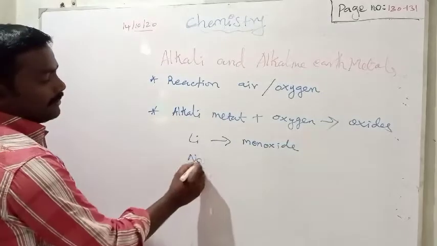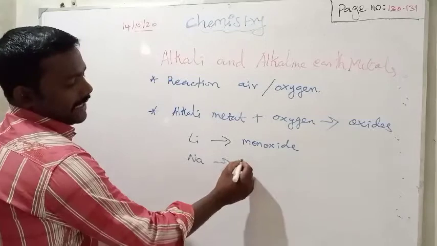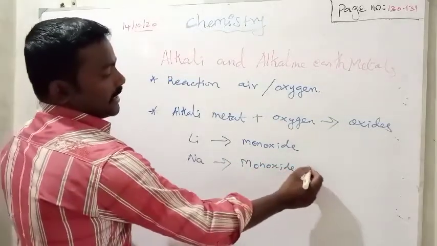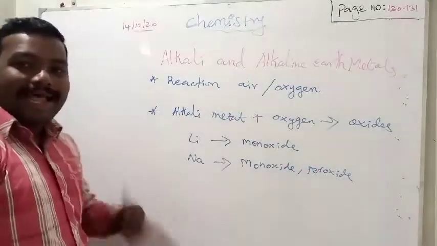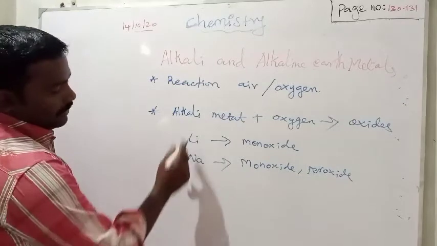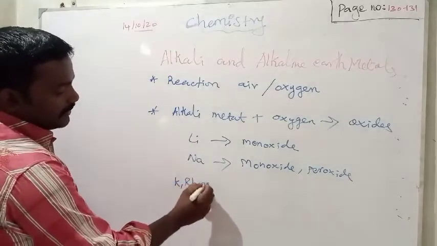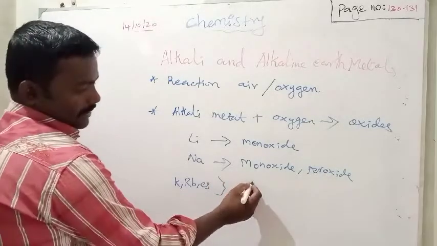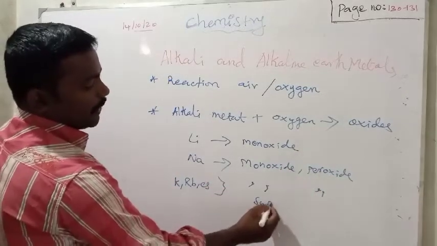But sodium can produce two types of oxide, monoxide as well as peroxide. All the other elements, potassium, rubidium, cesium, can form monoxide, peroxide along with superoxide.